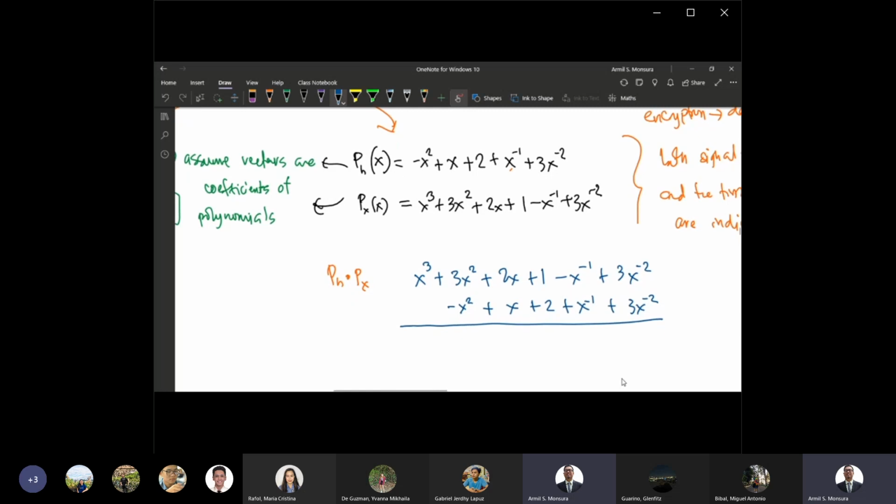Okay? We multiply it. Look at what the answer will be. First, multiplying here, you would have 9x raised to negative 4 plus negative 3x raised to negative 3, plus 3x raised to negative 2, plus 2x raised to negative 1, plus 9x raised to 0, so that's just 9.